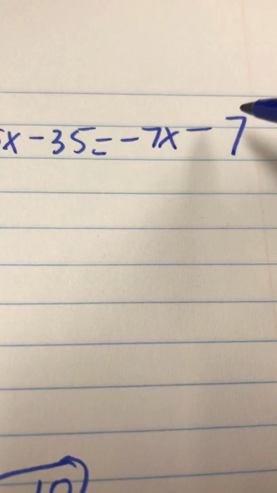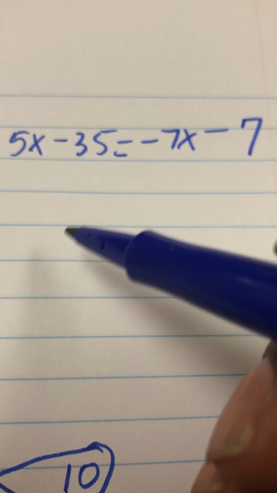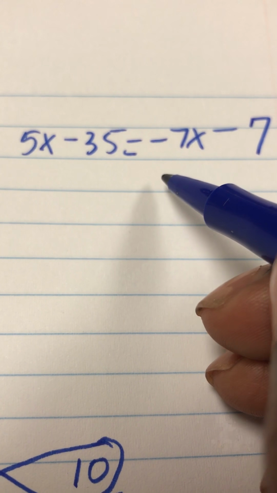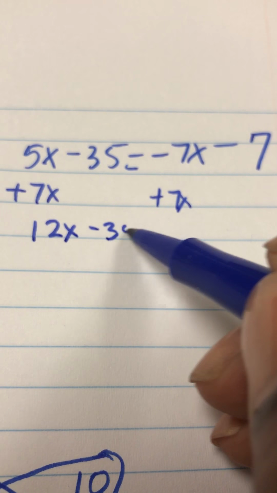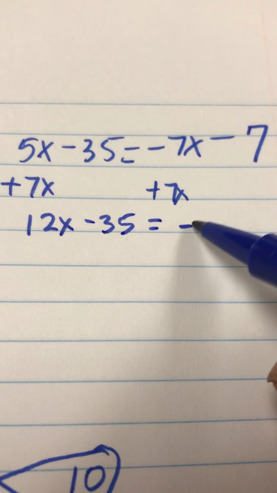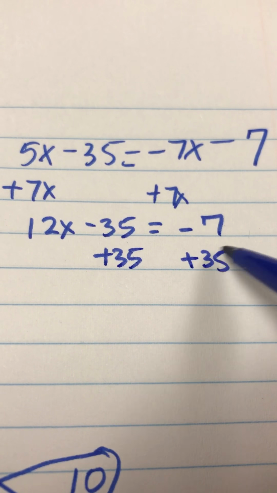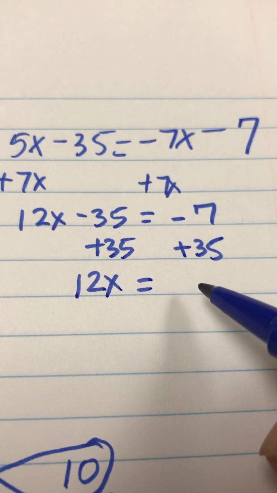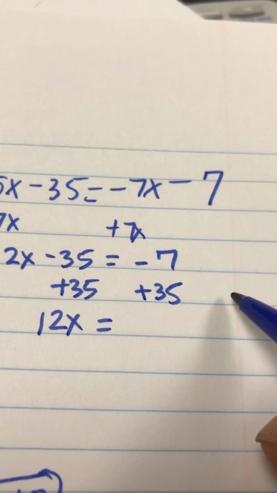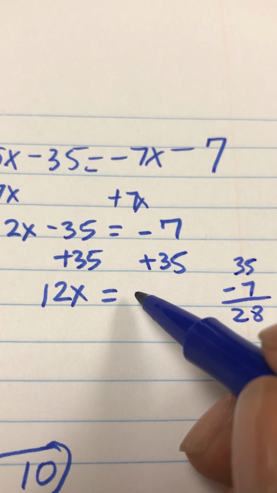Now you could do whatever method you are most comfortable with, but I'm going to move all of my variables to the left and all of my constants to the right. So I'm going to add 7x to both sides. So we get 12x minus 35 is equal to negative 7. Then I'm going to add 35 to both sides. And we get 12x is equal to, let's see, 35 minus 7, 28.